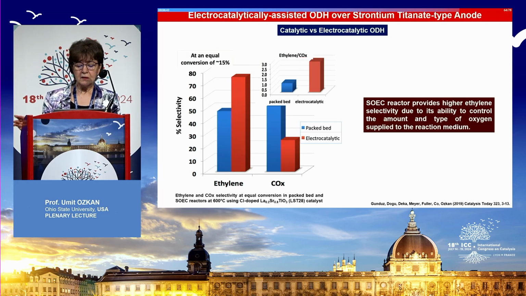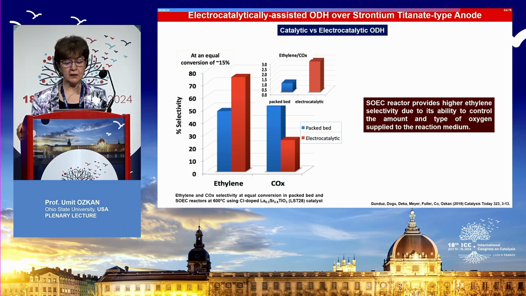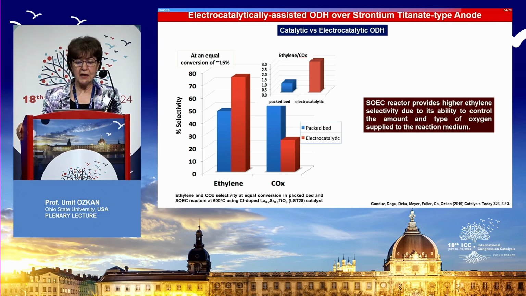And rather than showing all the electrocatalytic data, I thought I would just show a comparison of thermal catalytic versus electrocatalytic ODH. We're looking at these selectivities at an equal conversion level, and we picked a 15% conversion level. The blue bars are the packed bed, and the red ones are electrocatalytic.